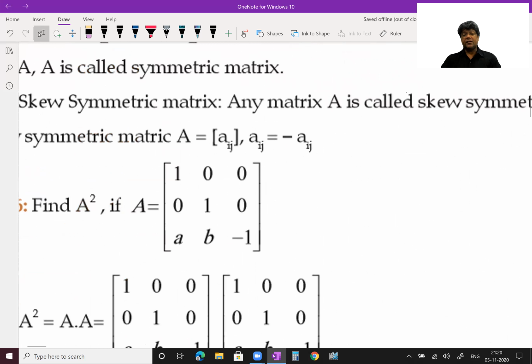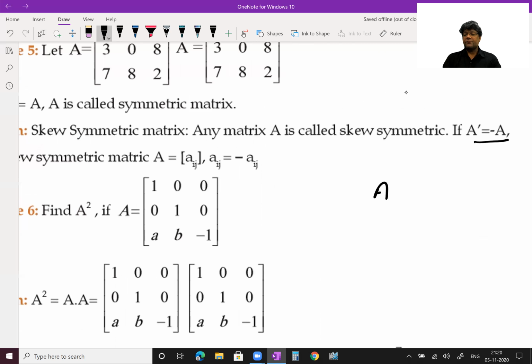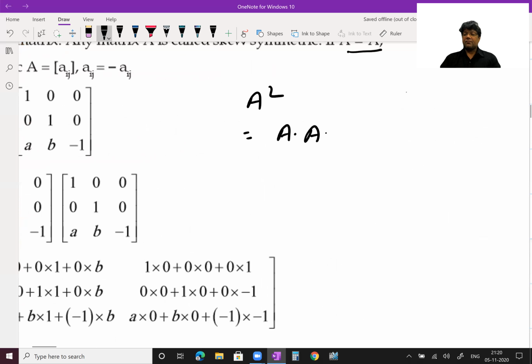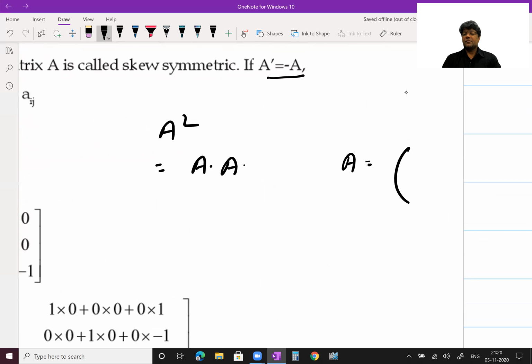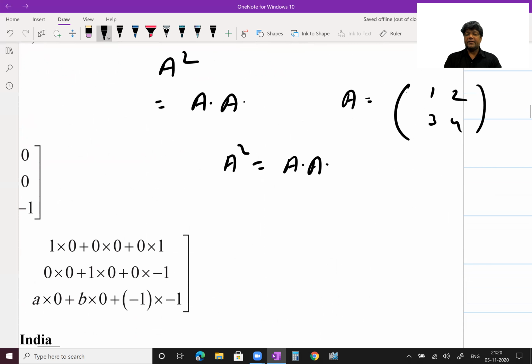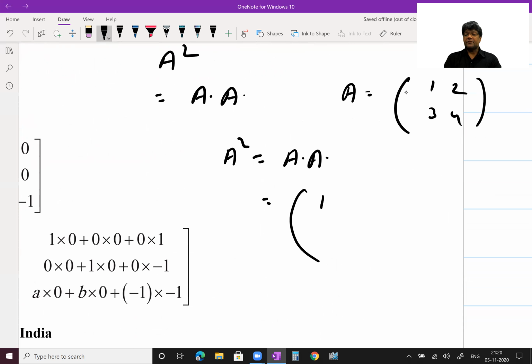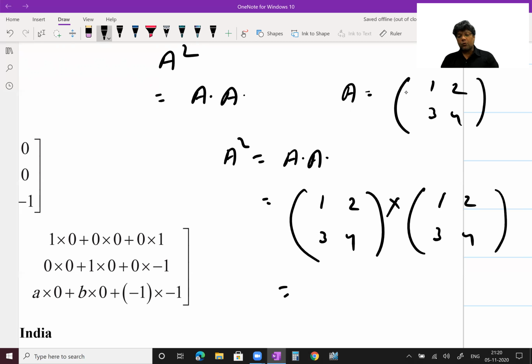A square, guys, here in algebra, if square of a matrix, that is A square, means you cannot do the squaring of the elements. If the question asks you A square, that means you'll have to get it by A into A. Suppose a matrix is 1, 2, 3, 4, and they are asking A square, then you will have to multiply the matrix A with itself, 1, 2, 3, 4, that is A into A. And now according to the multiplication rule, you have to multiply.